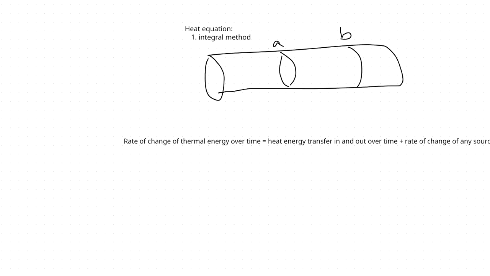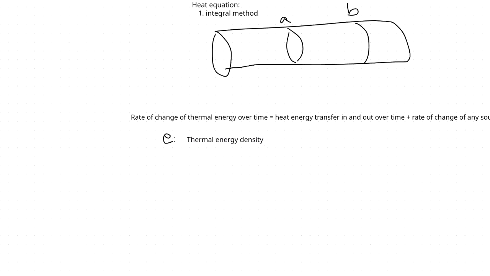So thermal energy density, once again, is E. And so we can get the rate of change of thermal energy over time by taking the integral of E times A dx from A to B, where E is a function of x and t, right? Position and time.